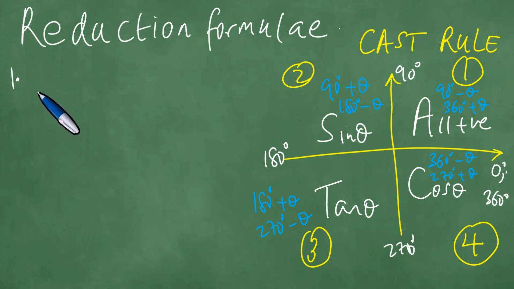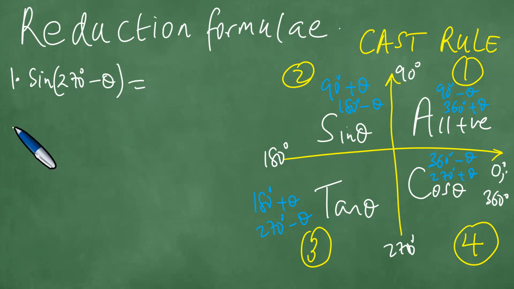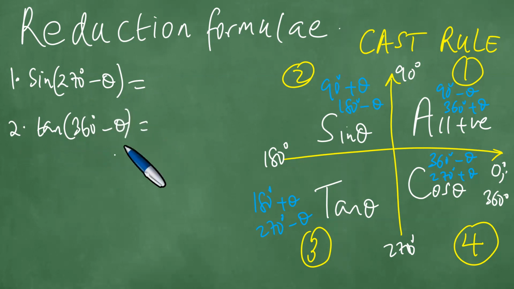Now, number one: the sine of 270 degrees minus theta, what is the answer? The tan of 360 degrees minus theta, what is the answer?